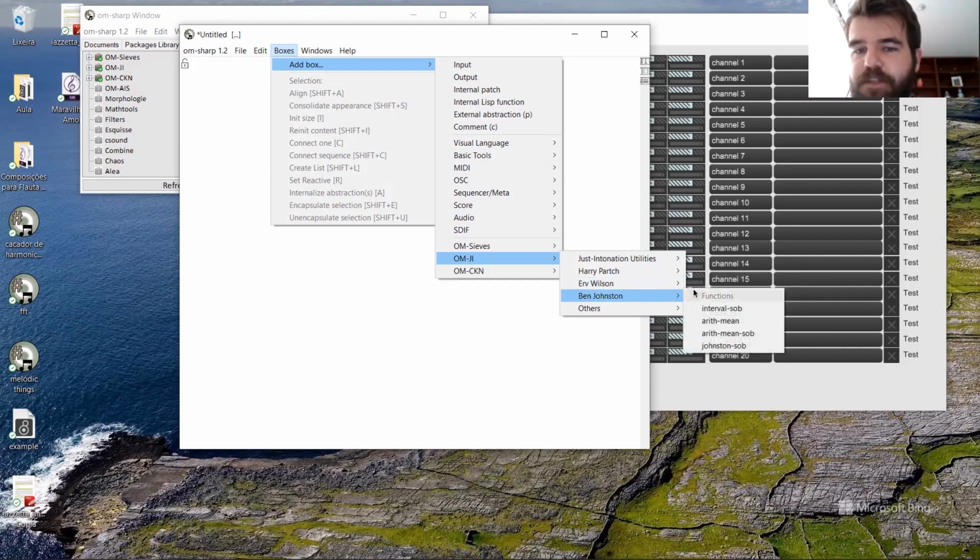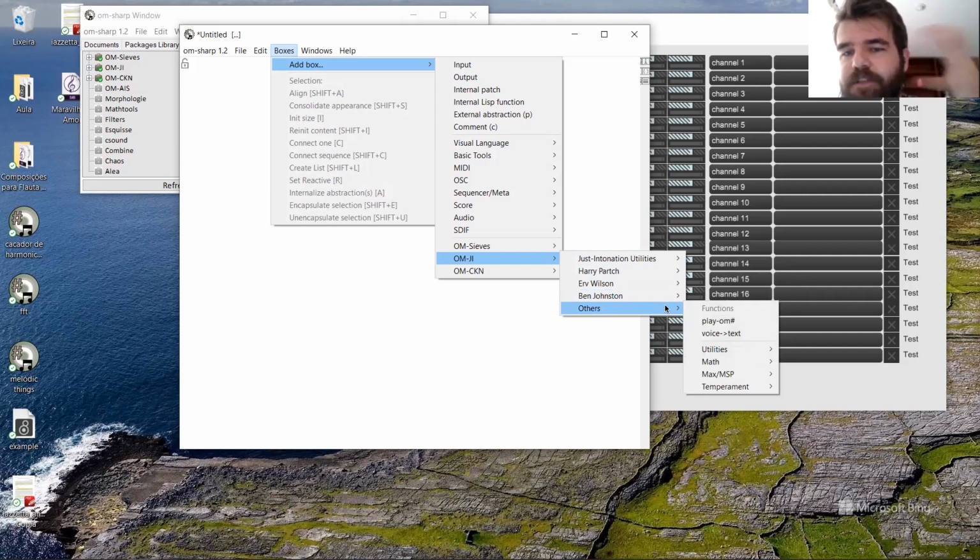Then we have the Ben Johnston works, just the tuning system he used in string quartet number 2 and number 3. And then we have other functions that are some things I just needed and put here.